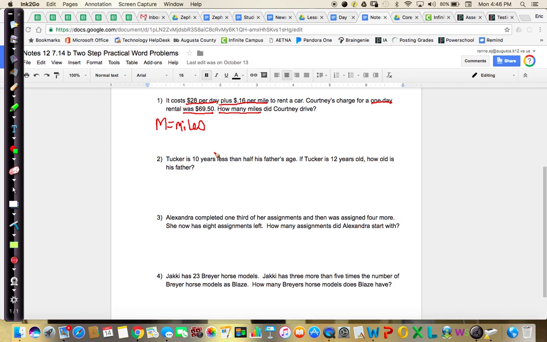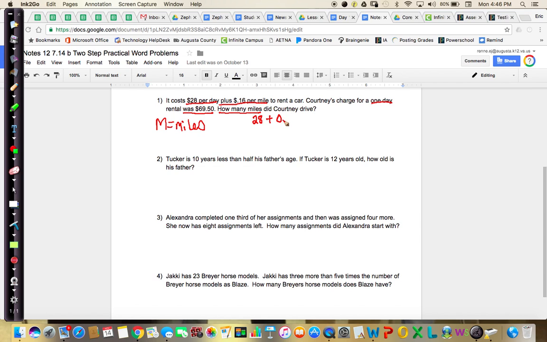Okay, so we identified some keywords here. We said $28 per day. Well, it says right here that it's for one day. And what's 28 times 1? 28. So we're not going to show that we multiplied 28, but we know it was only for one day, so it's $28. Plus 16 cents per mile.